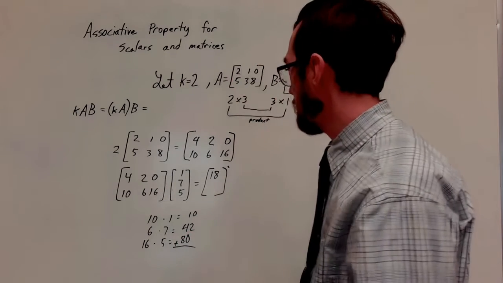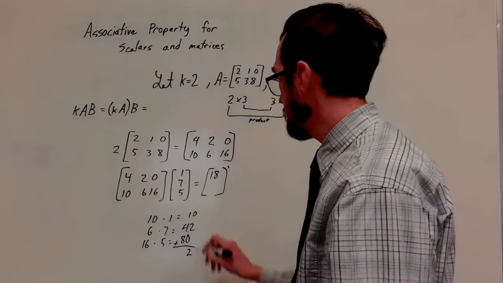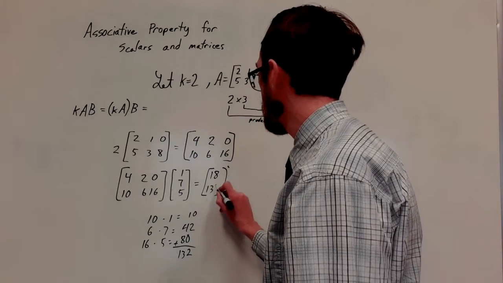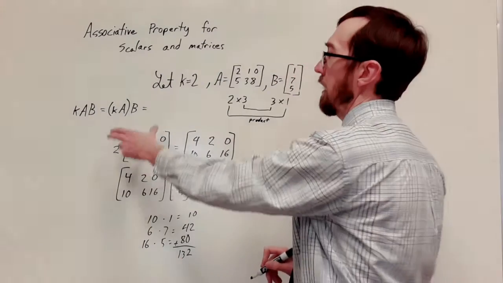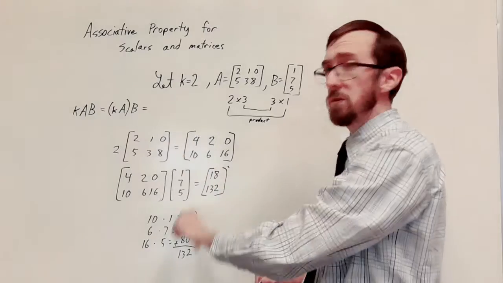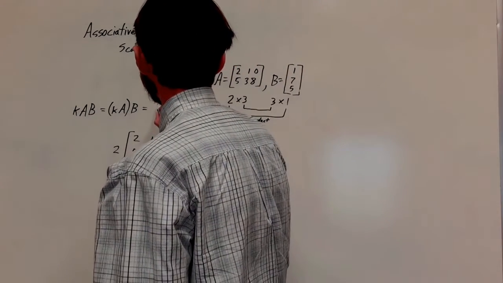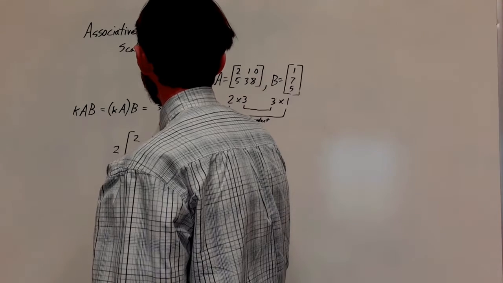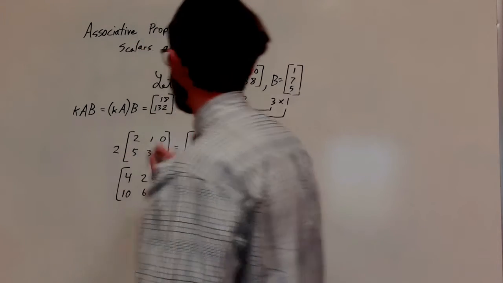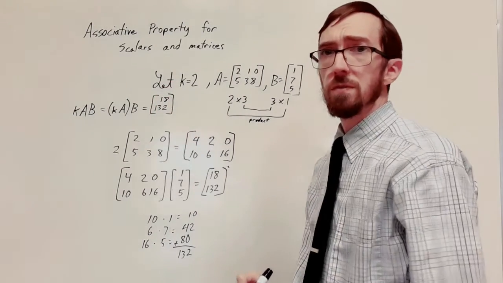And we will add those together. That gives us 132. As a result of this multiplication with this association, we get the matrix 18 over 132.